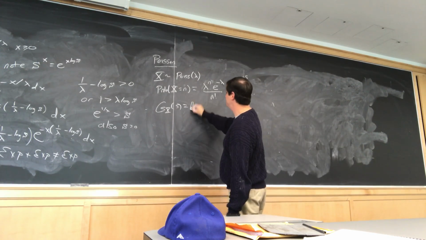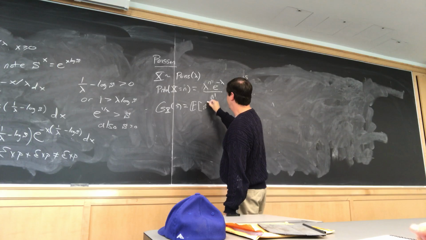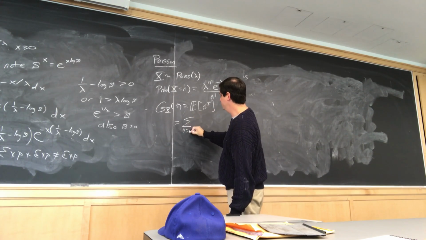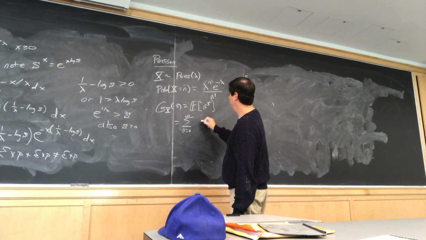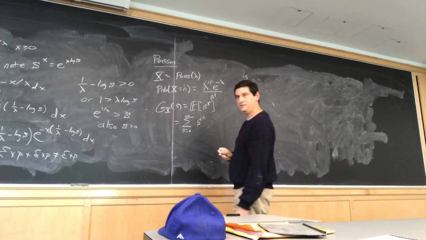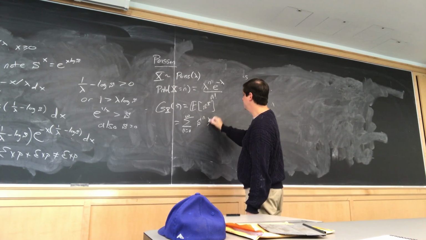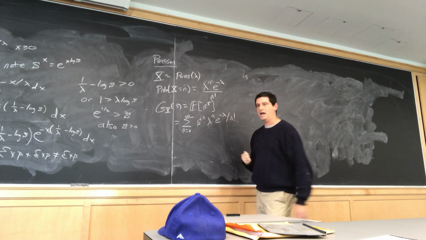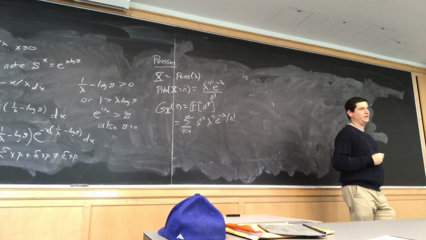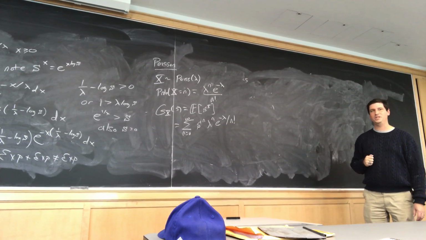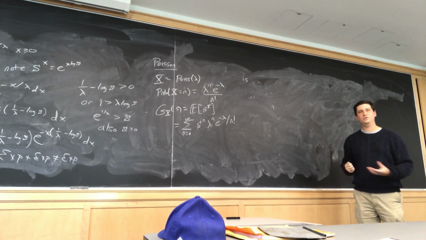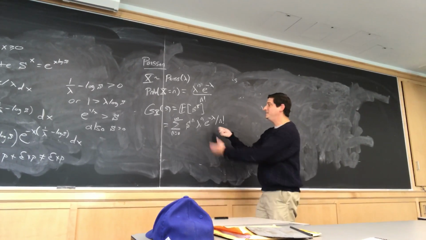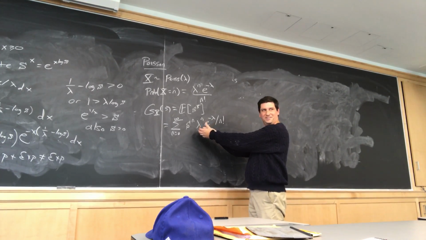So this is going to be the expected value of s to the x. So this is going to be a sum from n equals 0 to infinity of s to the n, lambda to the n, e to the minus lambda over n factorial. And now it's all about doing the algebra. And if you're really quiet, you can hear some of the algebra wants to be done. Combine s and lambda. Yeah, s and lambda really want to be together, don't they?